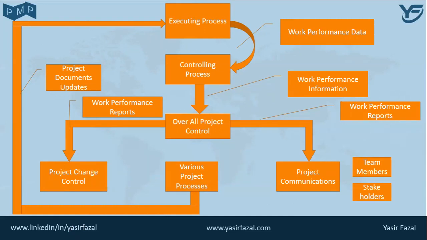And now you need to work according to those new circumstances, right? So that information is fed into project change control as a request, and then the project change control board feeds that information into the project processes as per their new requirements.